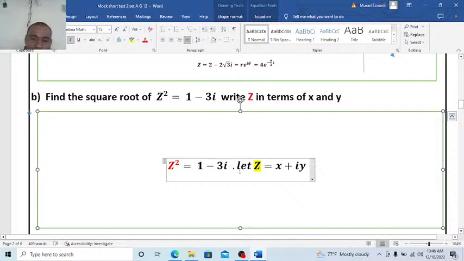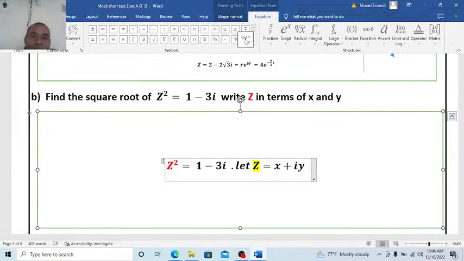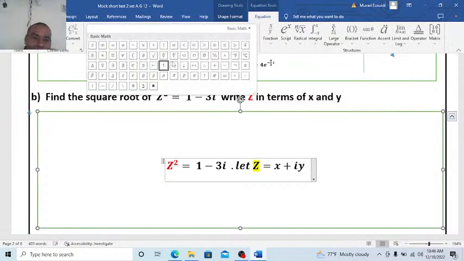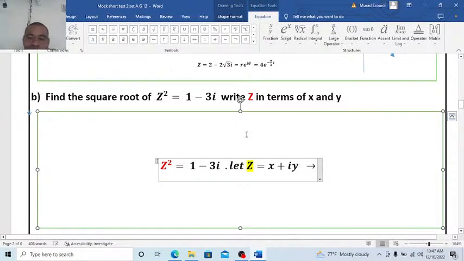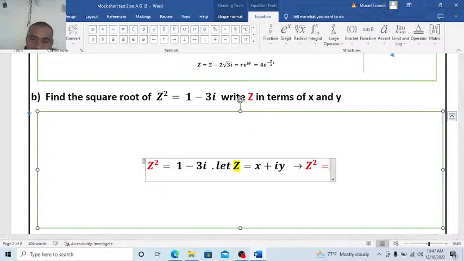Therefore I will write now z squared, like that. Now I'm going to start solving. I will insert the symbol that means implies, gives that.